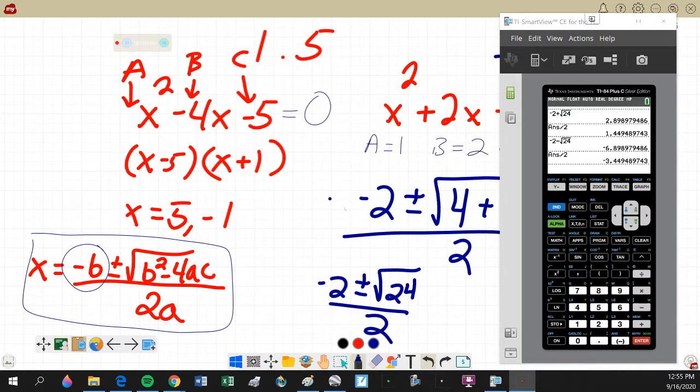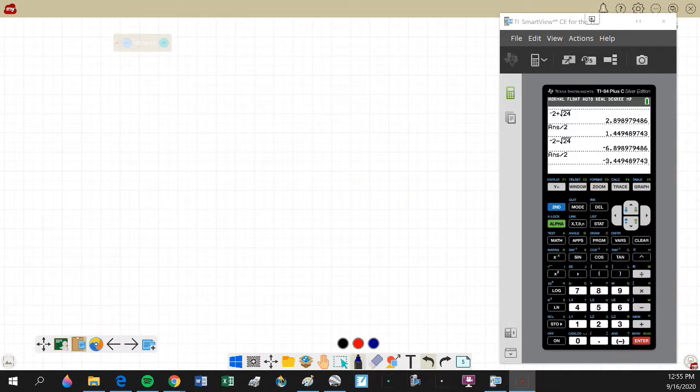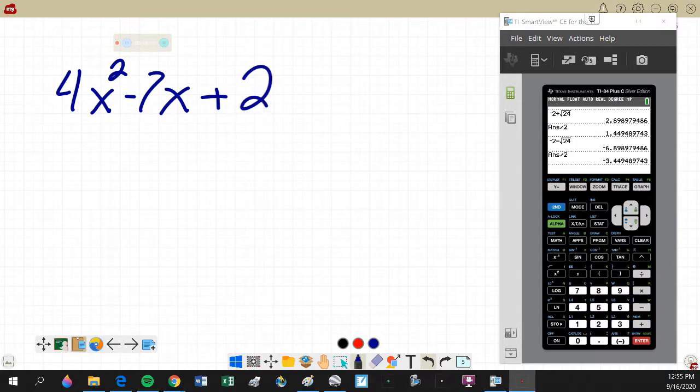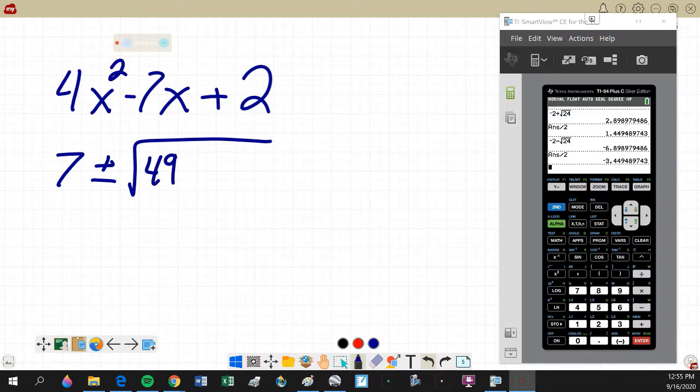Okay. Let's do another one. 4x squared minus 7x plus 2. Okay, opposite of b? Negative? Nope, 7. So 7 plus or minus the square root of 49.